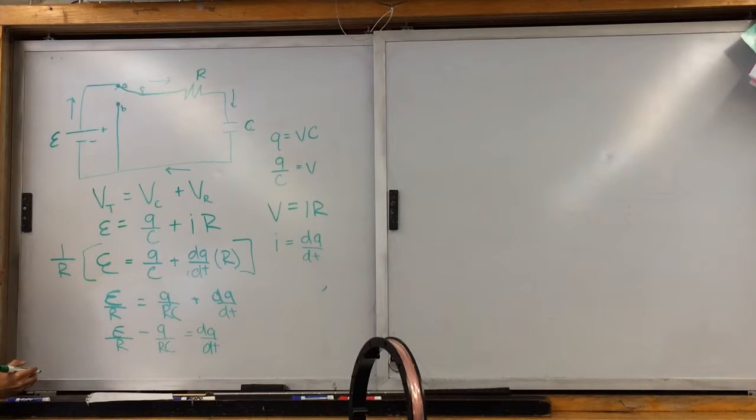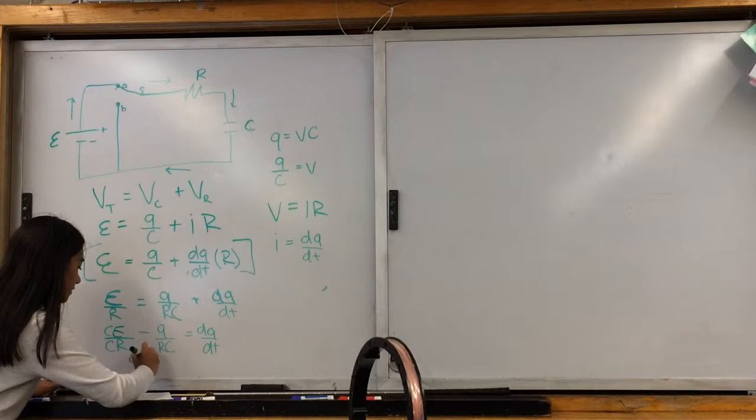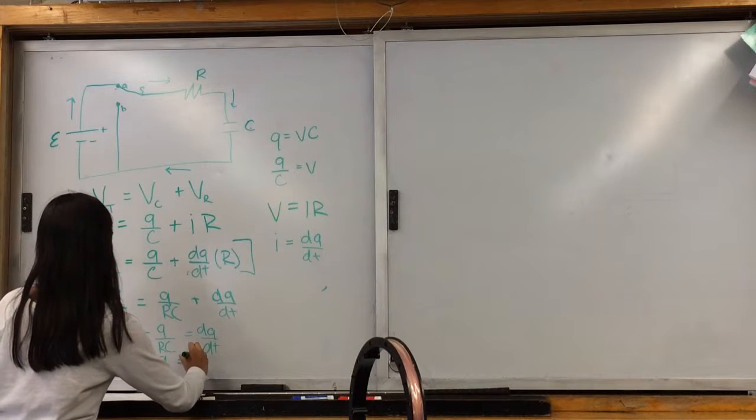In order to simplify this, we can multiply each side by C. So you have CE minus Q over RC equals dq over dt.